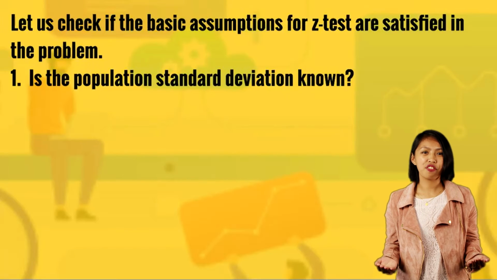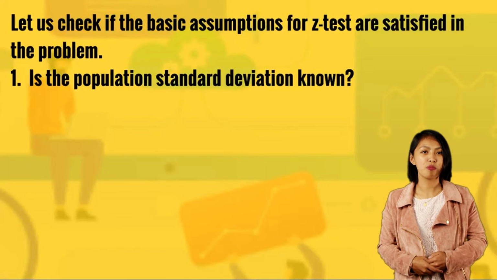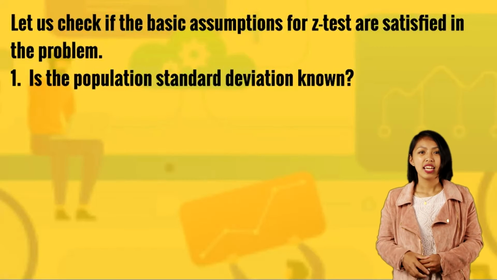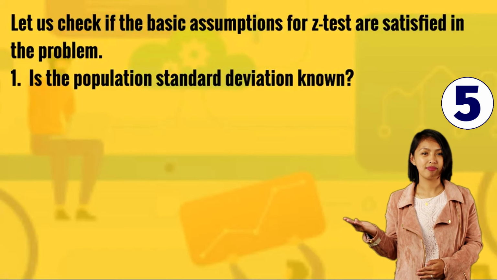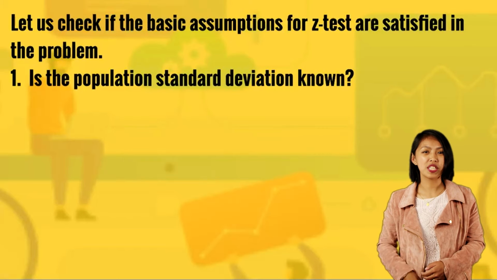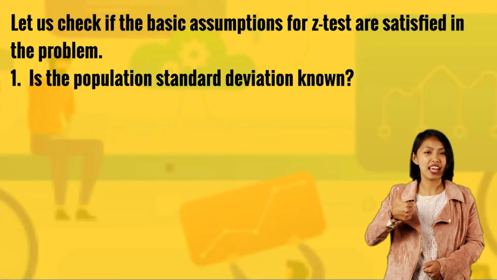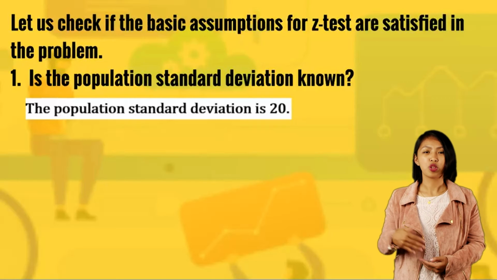Let us check if the basic assumptions for z-test are satisfied in the problem. 1. Is the population standard deviation known? If you said yes, you did an excellent job. The population standard deviation is 20.